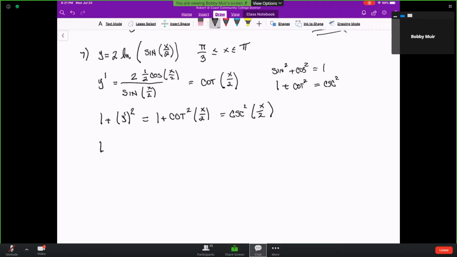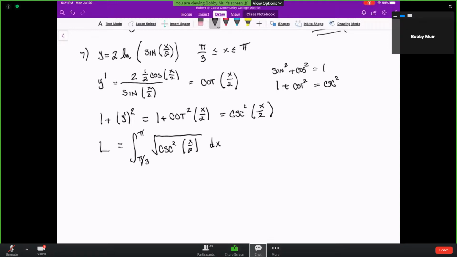That means our length is going to be the integral from pi over 3 to pi of the square root of cosecant squared of x over 2 dx.